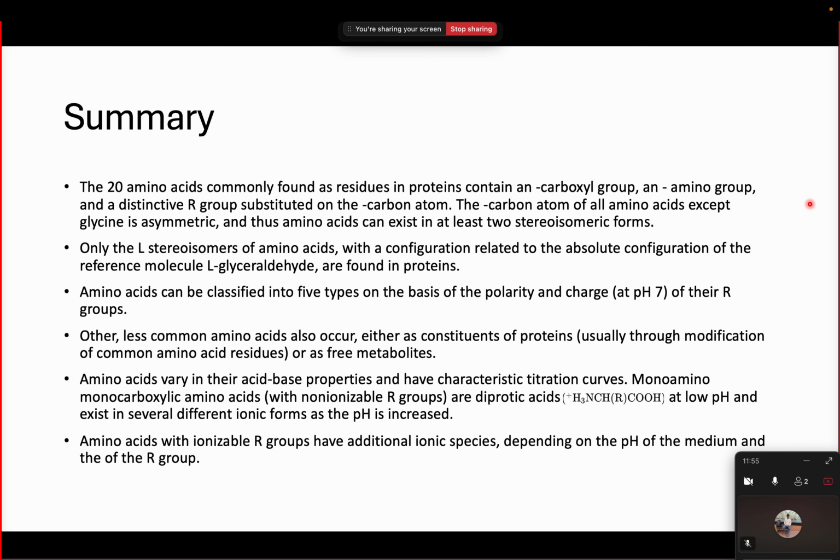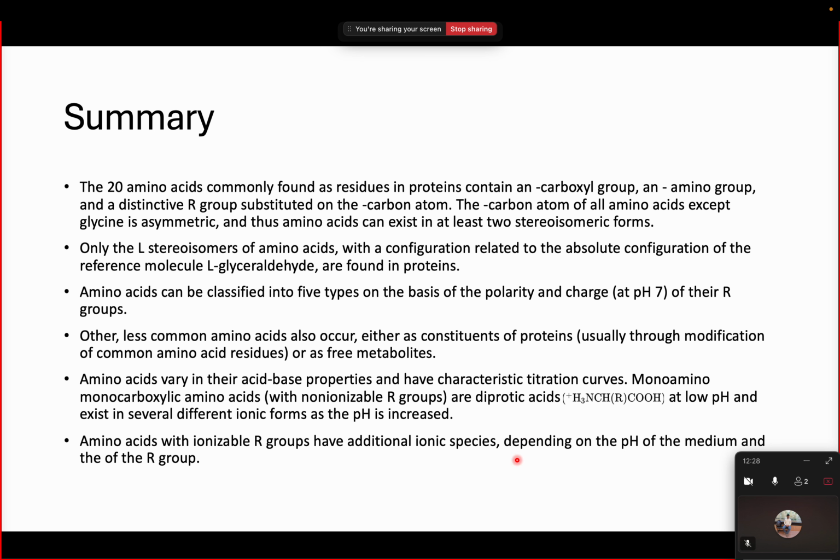Monoamino monocarboxylic amino acids with non-ionizable R groups are diprotic acids at low pH and exist in several different ionic forms as the pH is increased. Amino acids with ionizable R groups have additional ionic species depending on the pH of the medium and that of the R group.